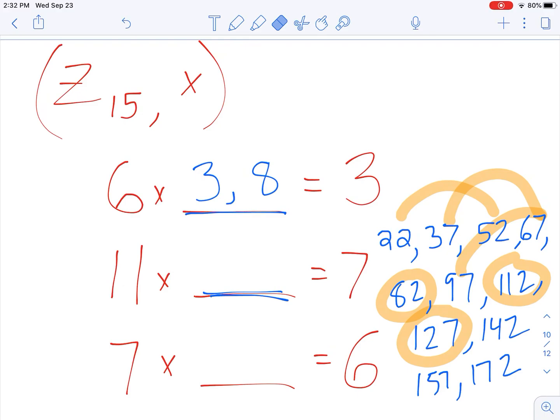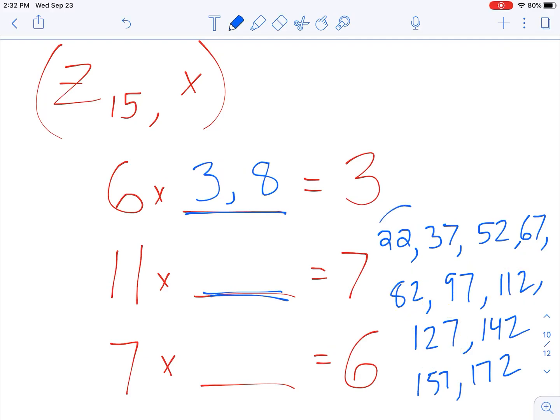Okay, now I'm going to look at anything that is a multiple of 11. So do I see any multiples of 11 in here? I see this is a multiple of 11. And I know that 11 times 11 is 121. 11 times 10 is 110. 11 times 12, well, I don't know what that is, but I can just figure that out here.